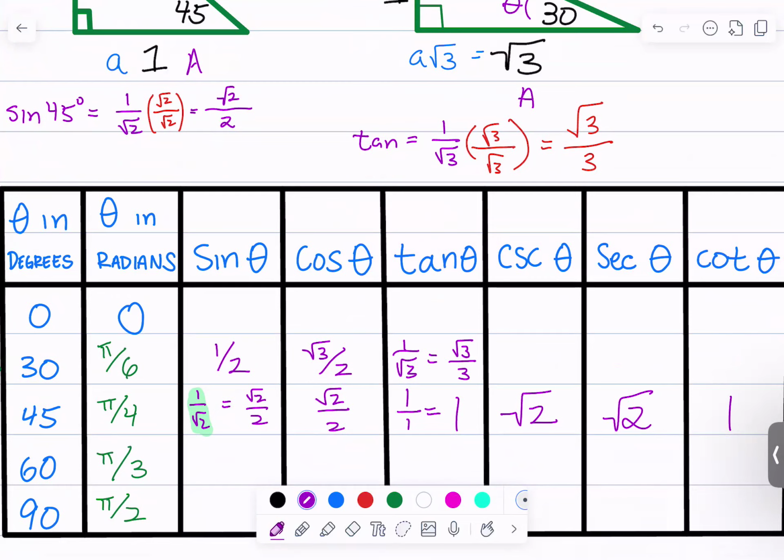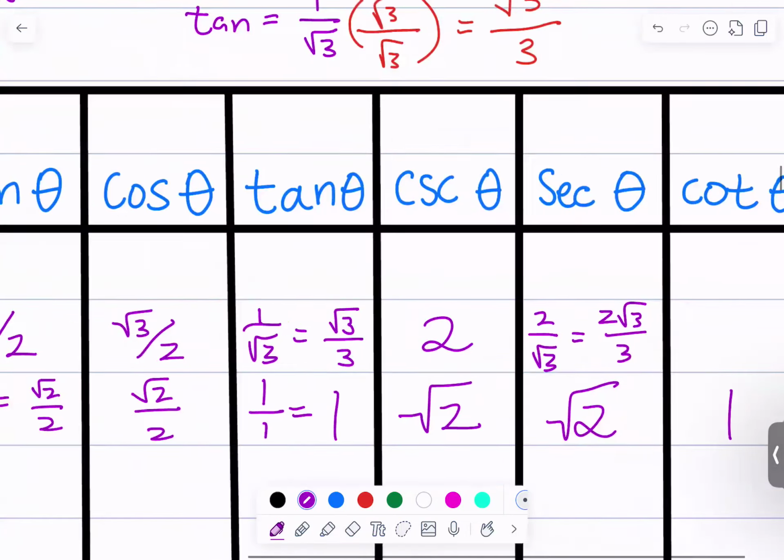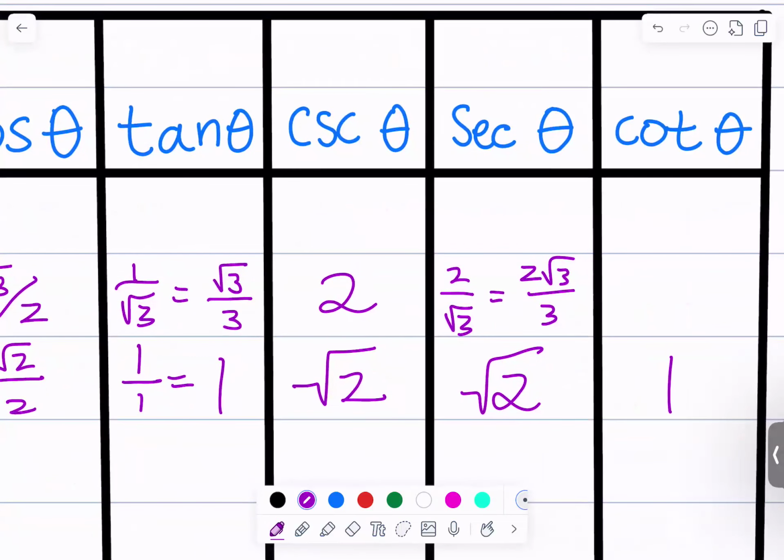Cosecant is the reciprocal of sine, which is 2. The reciprocal of cosine, secant, is 2 over square root of 3. Hopefully you guys picked up on the pattern and I don't have to show you how I rationalize that denominator. It's going to be 2 square root of 3 over 3. And the cotangent, take the reciprocal of tangent, the 1 over square root of 3, which is square root of 3.